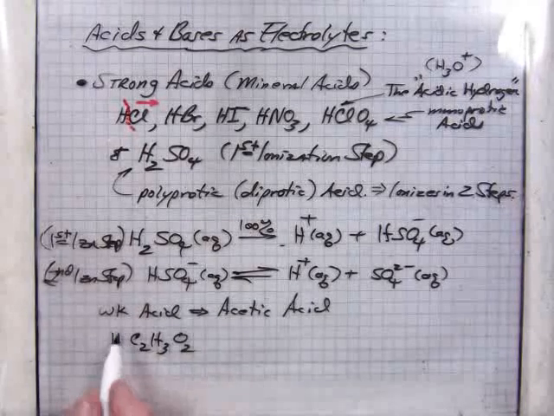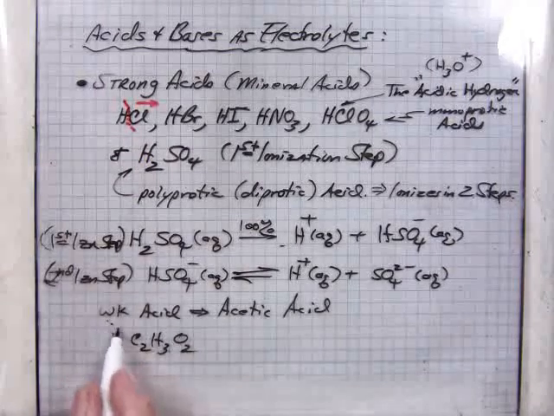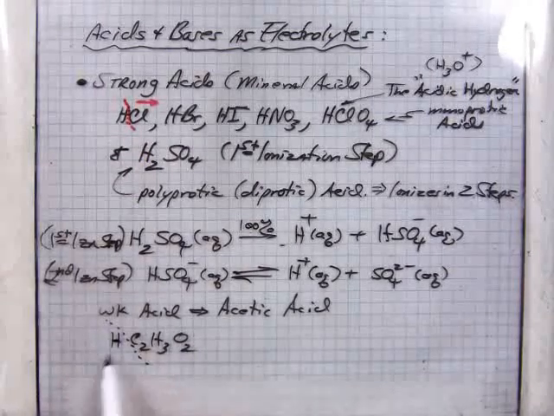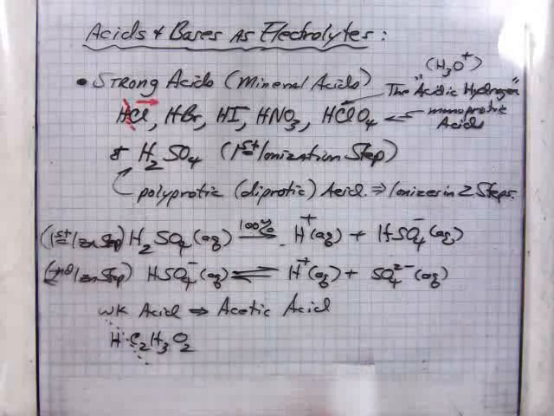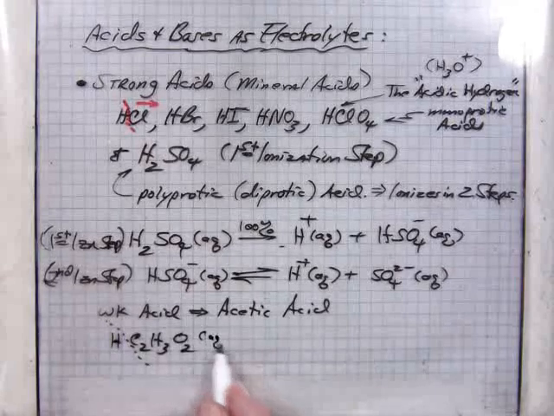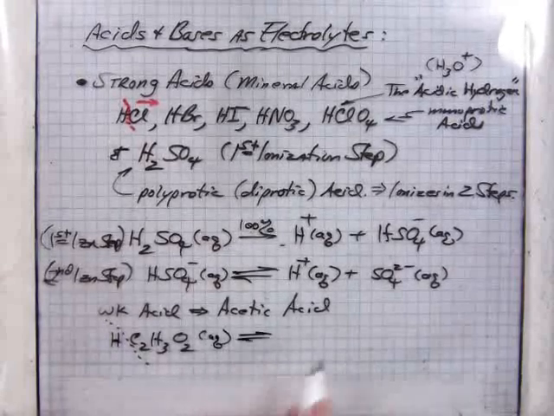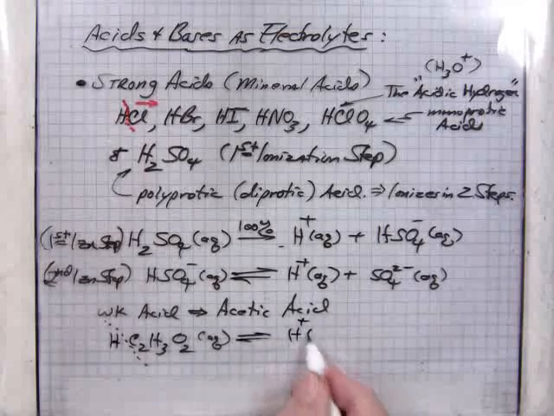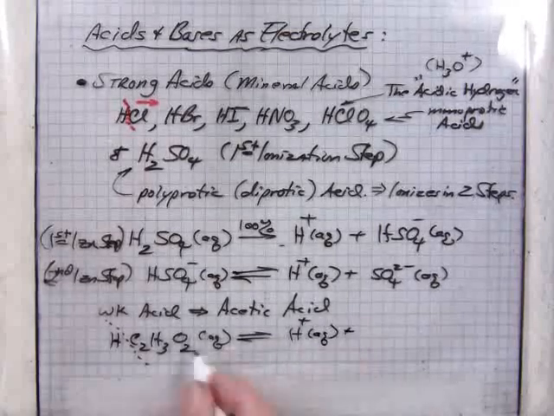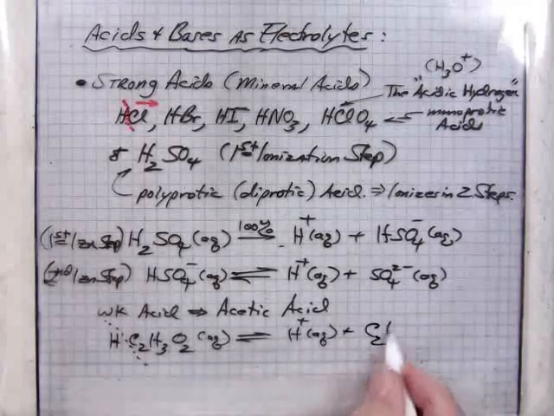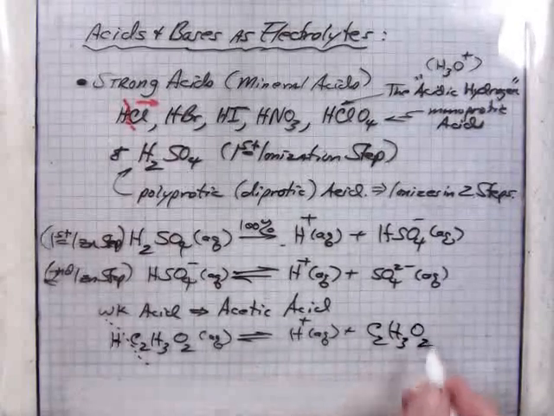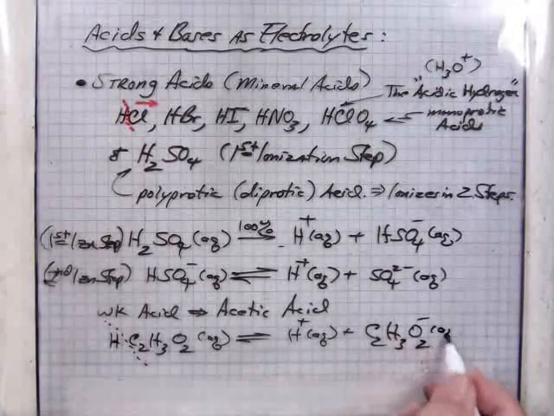Well, how does this undergo ionization? I mentally draw a line between the first hydrogen out here and the rest of it, and in aqueous medium, it will break that hydrogen off into aqueous medium and leave a C2H3O2 minus in aqueous medium.